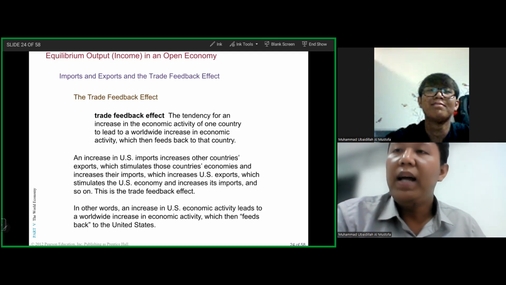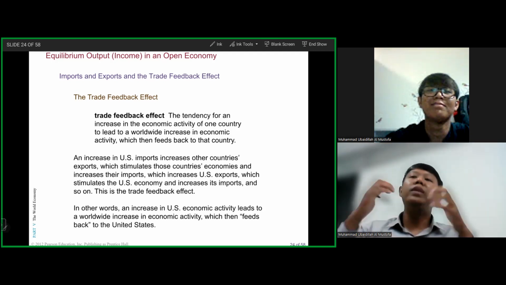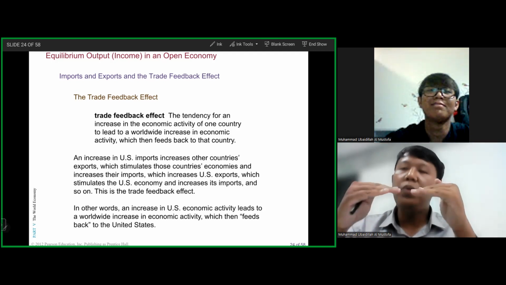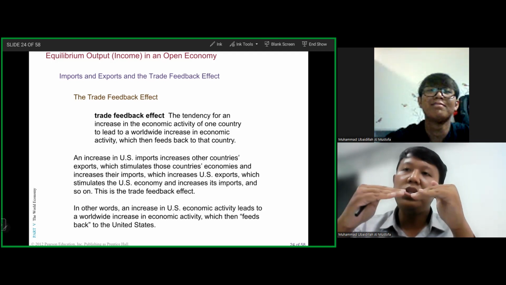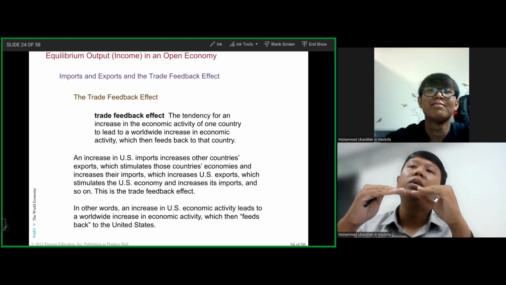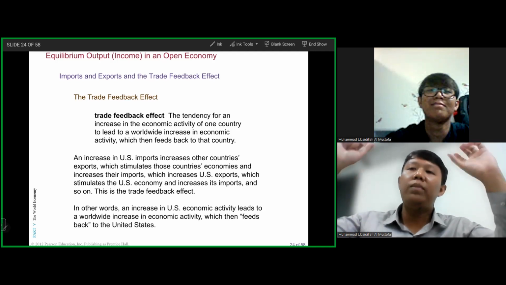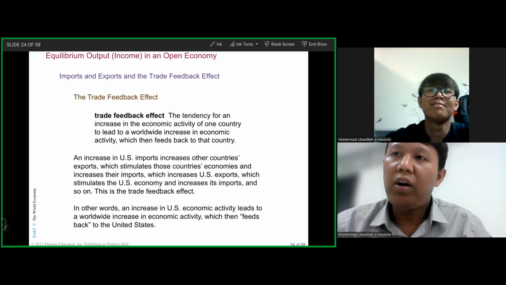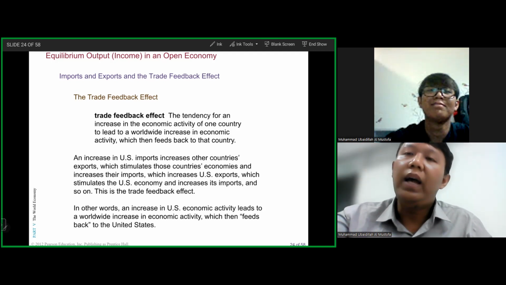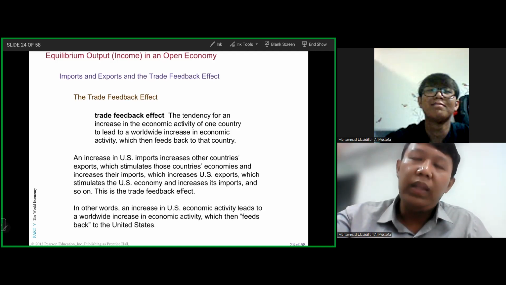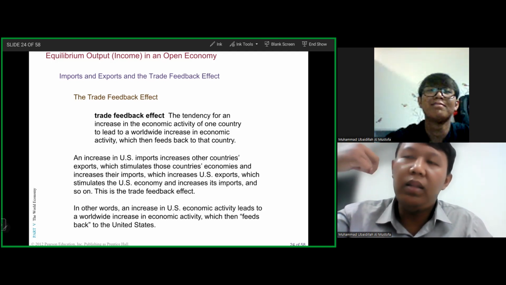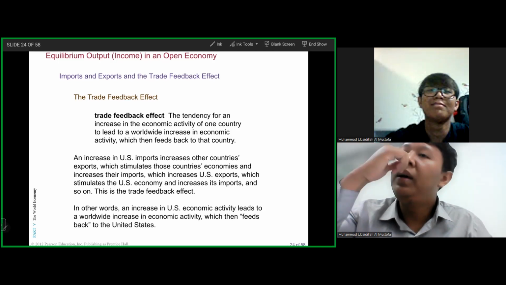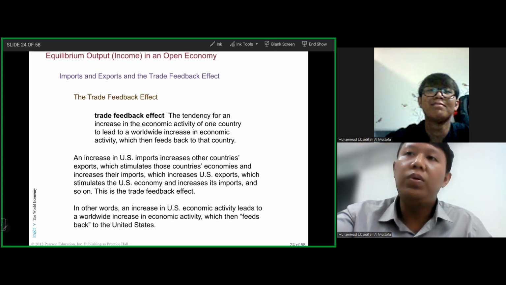So in other words, if we have good economic growth and a good economic situation, this will also push other economies to grow and expand, because when we grow, we tend to buy more of their products. It pushes their economy up and makes them prosper.